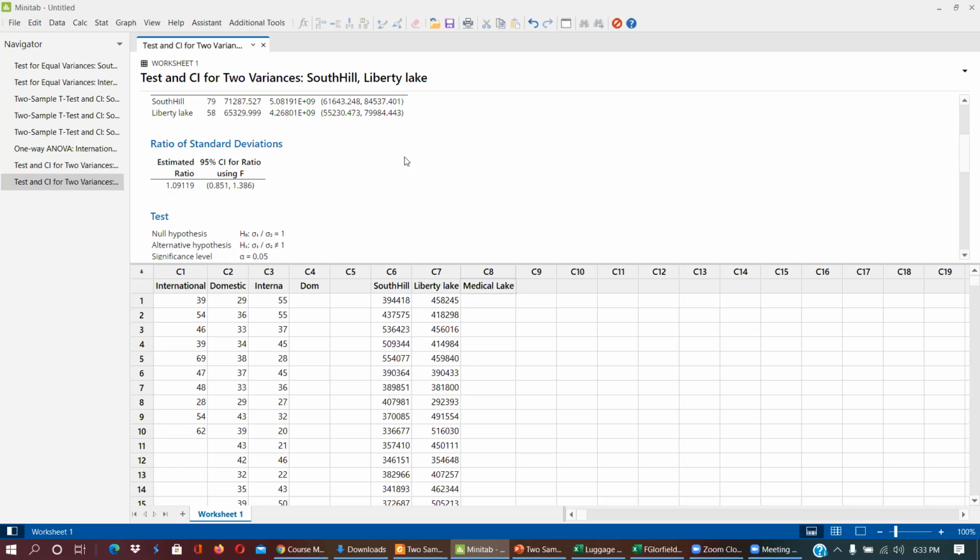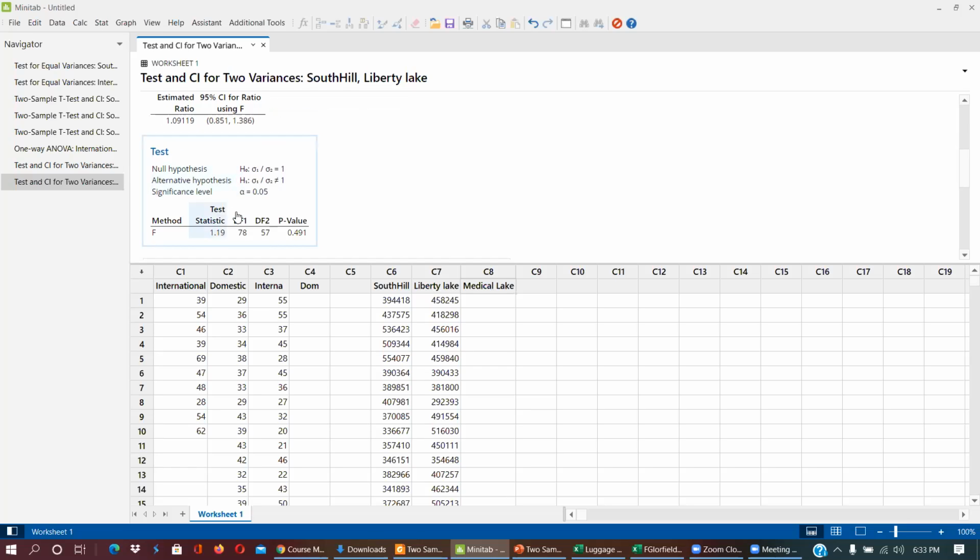We can round up the p-value in a situation. For example, you have to put exactly 0.491, not 49%. Just put 0.491 if the question has been asked.